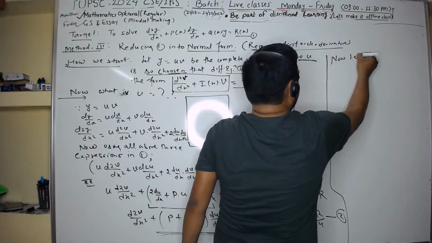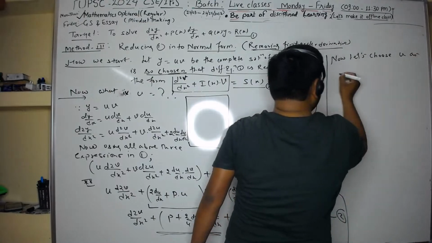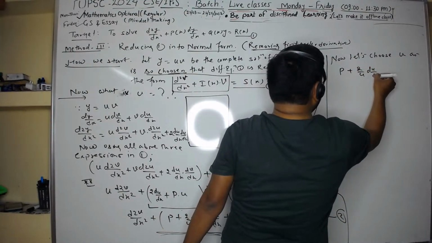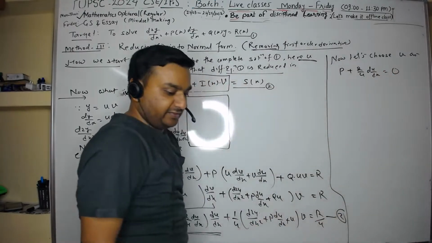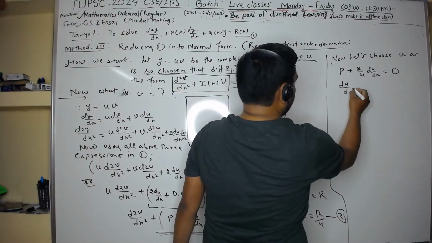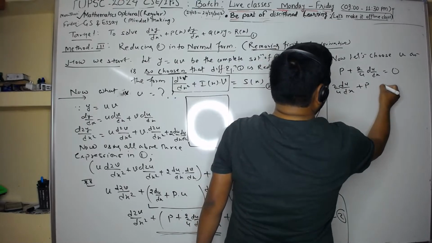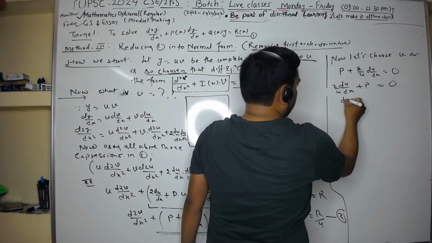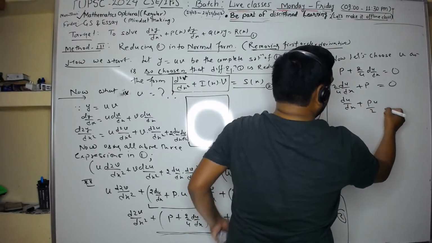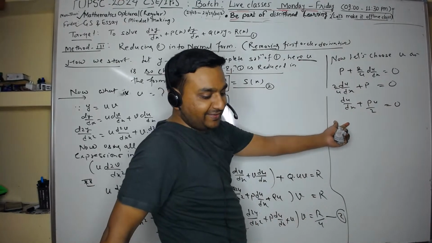Now let's choose u as p plus 2 upon u du over dx as 0. चलिए, so अभी क्या है, this is just simple differential equation. du 2 upon u plus p equals to 0. So this can be written as du over dx plus p by 2 into u equals to 0. What will be u from here?